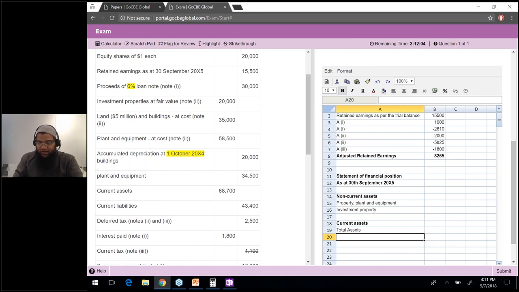On the credit side, we have equity, in which we have equity shares. We have the revaluation reserve that we have created. We have retained earnings, and then we will be having some non-current liabilities.